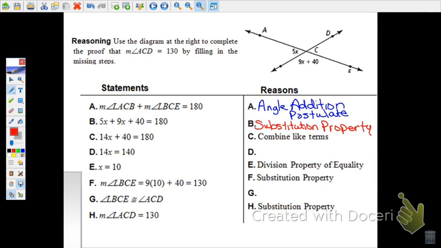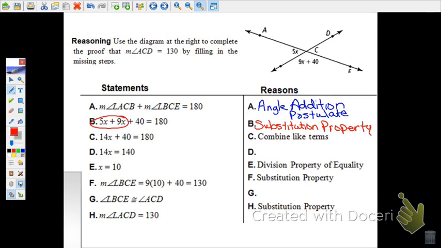To go from B to C, they're telling us they combined like terms, and we can see that they combined that 5x and 9x. As I mentioned yesterday, if it helps you to understand what's going on, to actually pencil in things in between, that is completely okay, so that we can see that process.